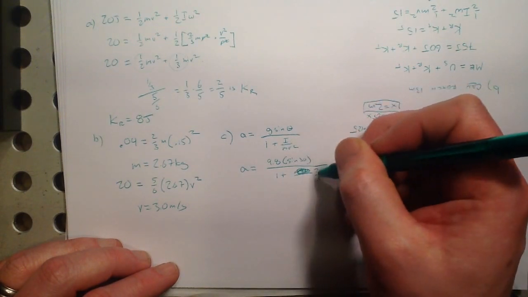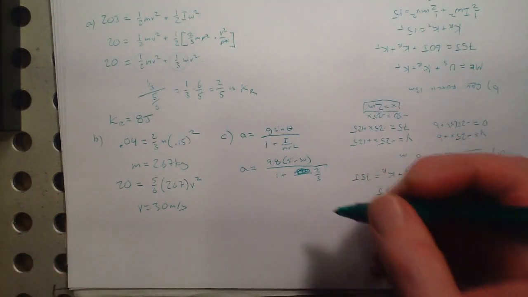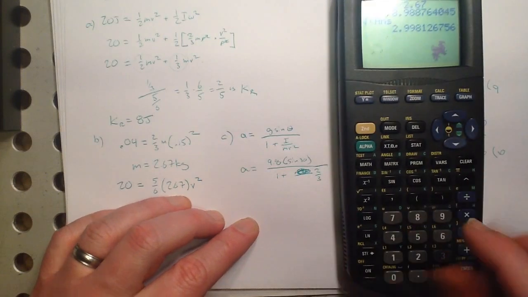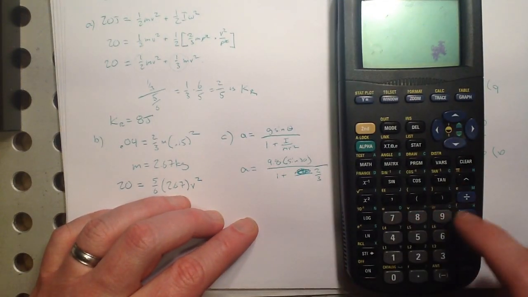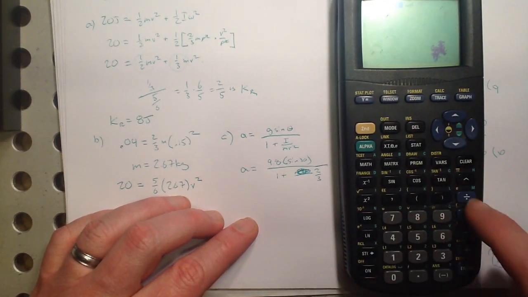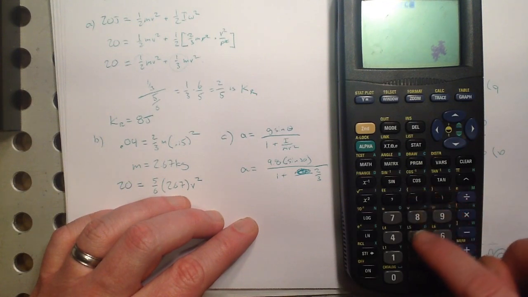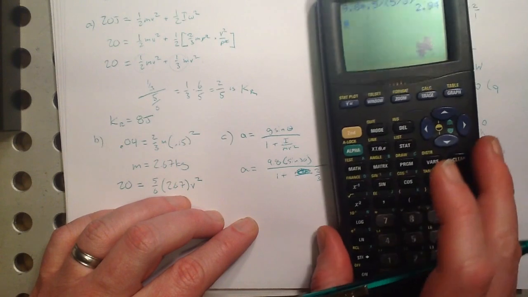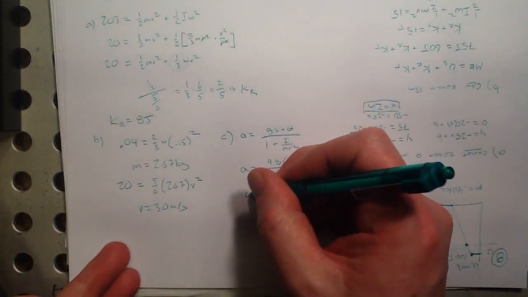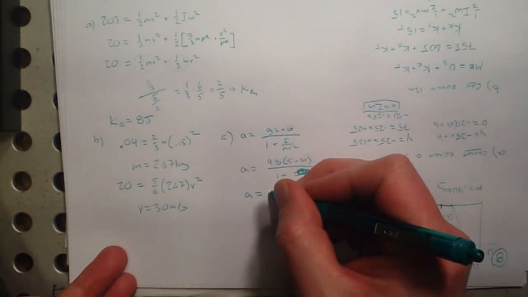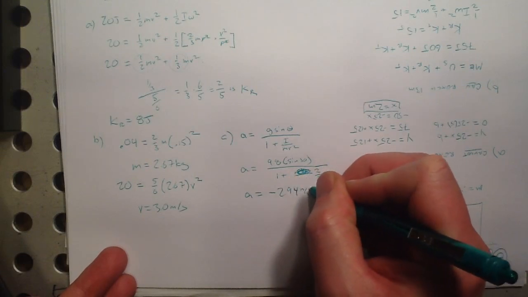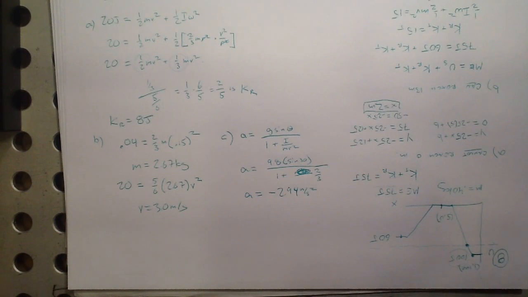You can put all the numbers in, and it's still going to be 2/3. So the acceleration is 9.8 times the sine of 30 divided by 5/3, which is 2.94. And since I'm calling up the ramp positive, I'm going to call this negative, 2.94 meters per second squared.